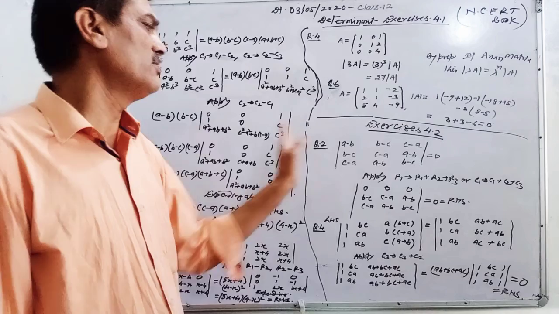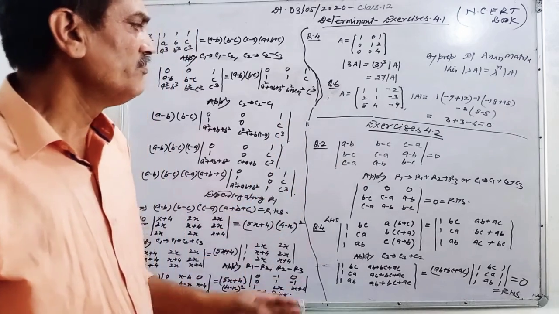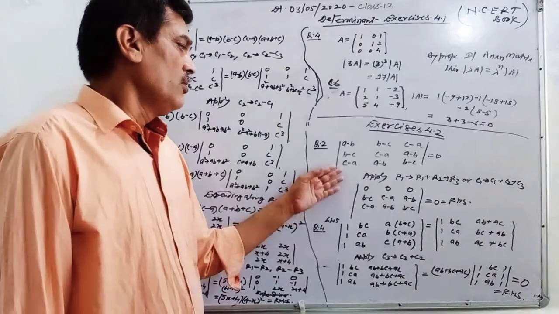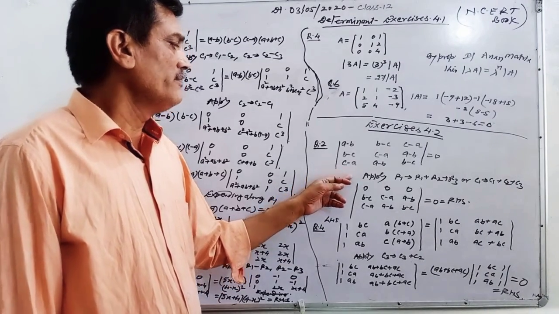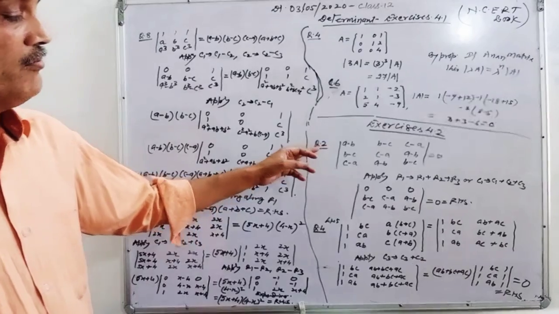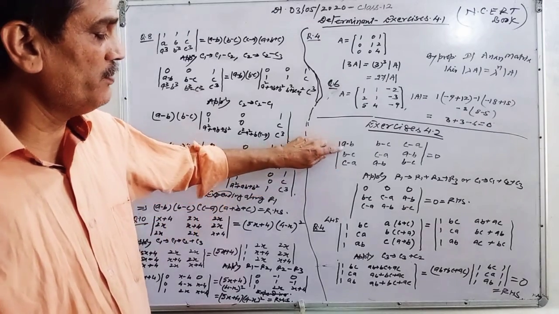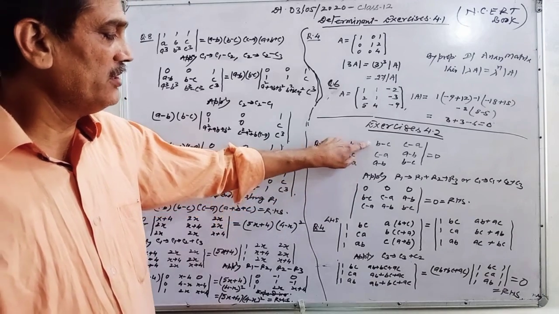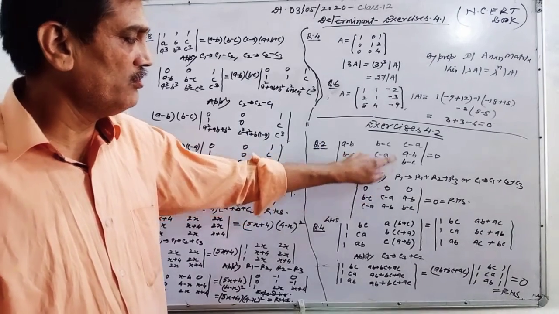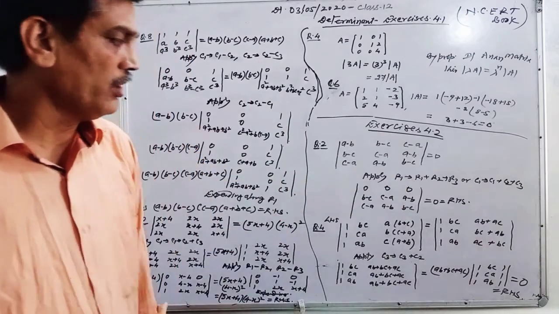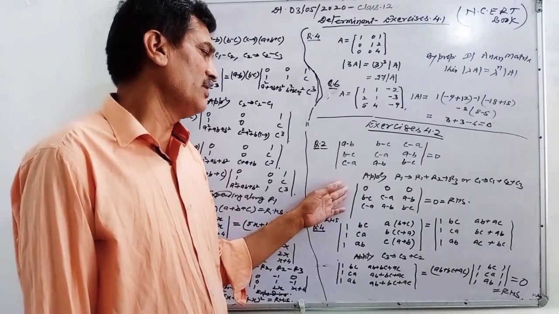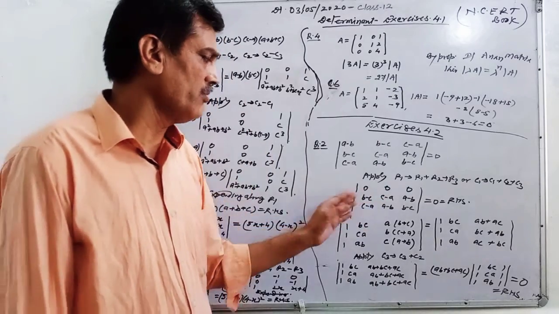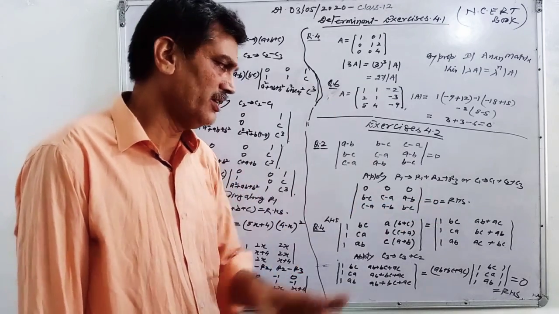Applying this property, R1 becomes R1 plus R2 plus R3, this plus this will be here and the result will be 0, this plus this result 0, this plus this result 0. Now in this determinant, all elements of R1 are 0. So without solving directly, you can write the result 0 by the property.